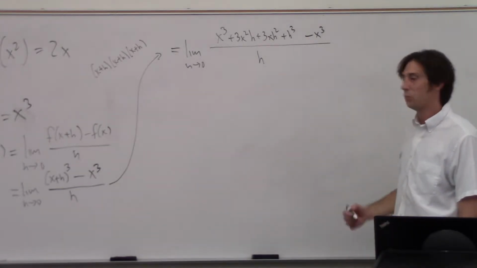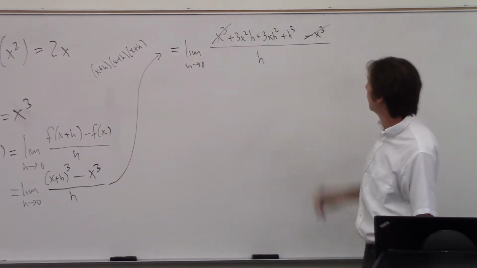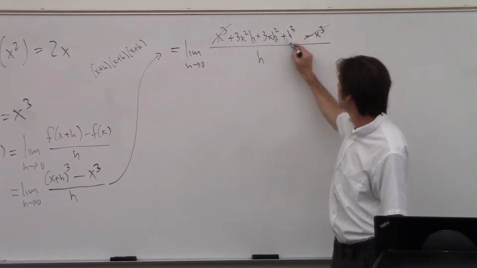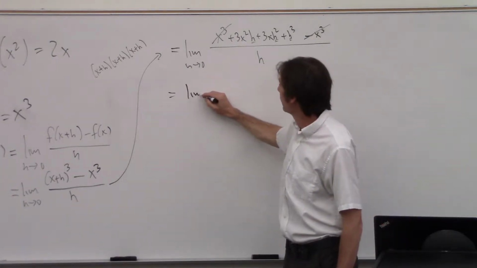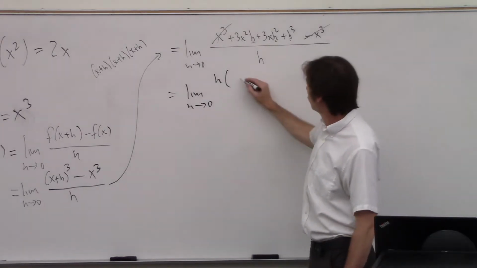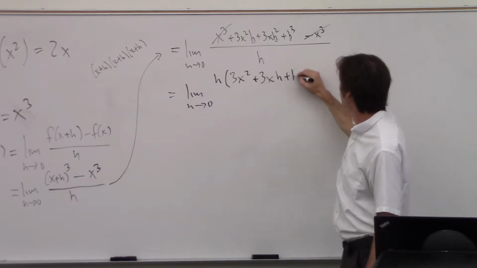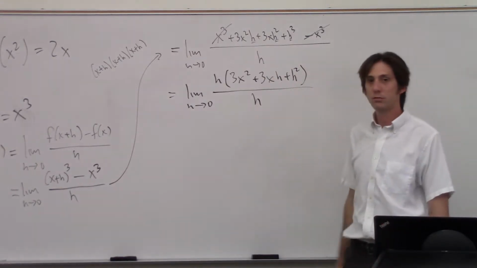So, now we try to simplify. Here's an x cubed minus x cubed. At this point, all of the terms in the numerator have an h in common. We've seen this many times now. So we factor that out in the numerator. What we're left with is 3x squared plus 3xh plus h squared, and in the denominator we have an h.